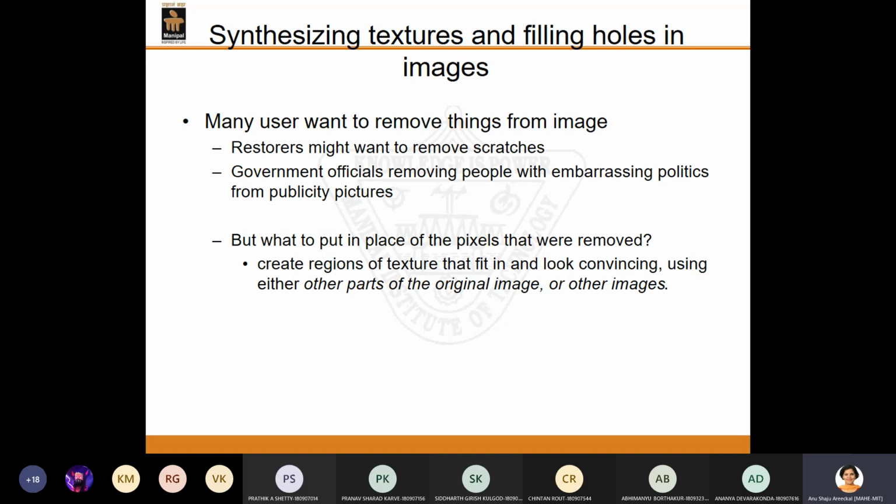It's like a patchwork where you can try to replace that particular defective region with this new texture region. So there are various applications where you can use these texture synthesis methods.